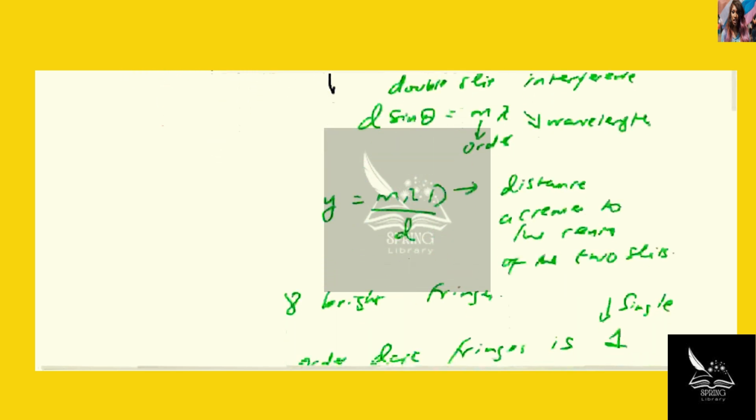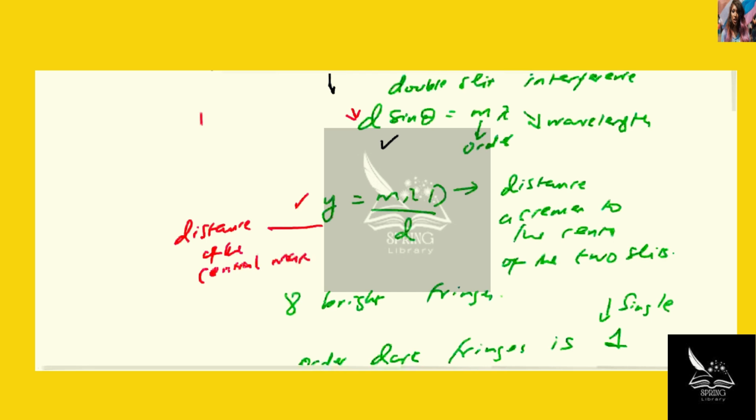And so we start by using the condition for double interference, d sine theta equals m lambda. So we see that d is the separation between two openings, lambda is the wavelength, and theta is the diffraction angle. So we know that y is m lambda capital D over small d, where y is the distance of the central max.